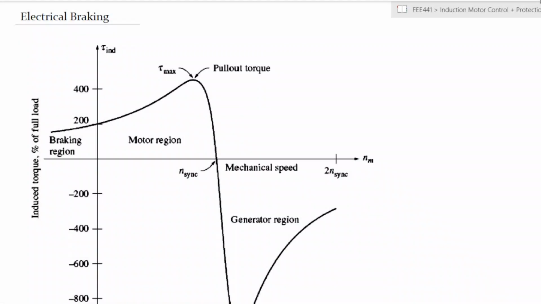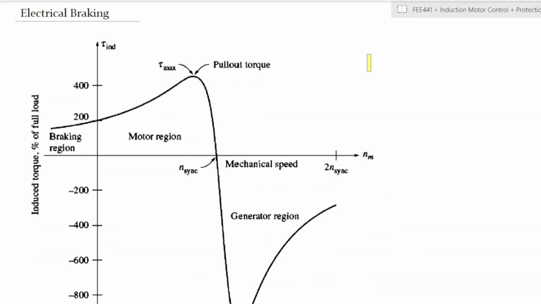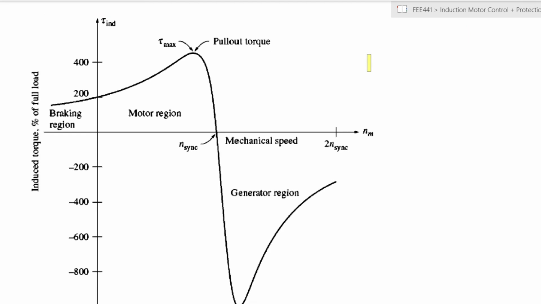Now let's take a look at electrical braking of induction motors. What you're seeing on screen is the torque speed characteristic of the full range of induction motors as we had seen previously, right? Starting from negative speed, where we had indicated a braking region, then you have the quadrant which has the motor region, which is the normal region of operation, whereby you have a positive torque and a positive speed.